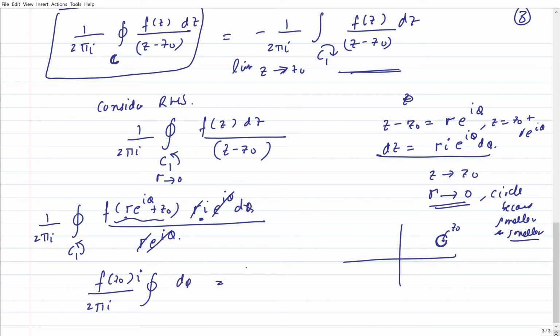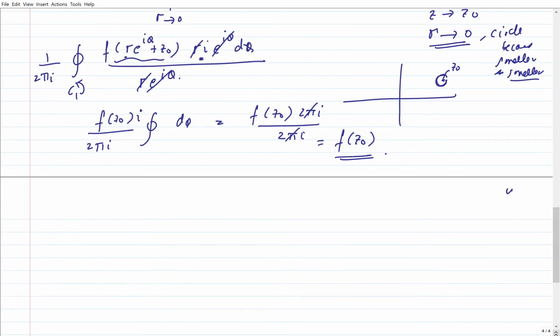So I get f(z0) 2 pi iota divided by 2 pi iota, which gives me f(z0). Okay. So that was what was required to be proved.